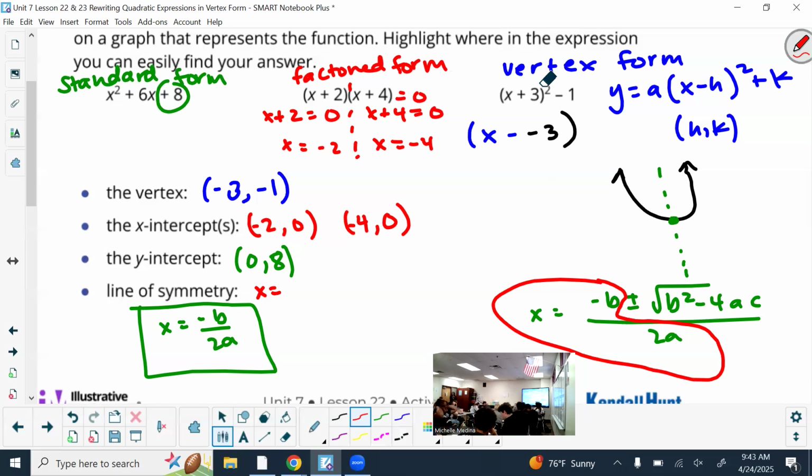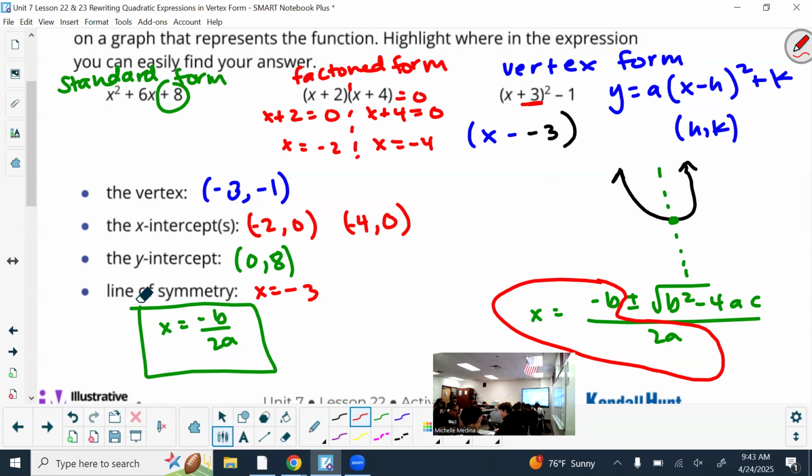If you have the vertex form, you can easily see the line of symmetry because it's always the x of your vertex. Looking here, and also knowing that if it is in the parentheses with the x, it always has the opposite sign of what it actually is, that is our line of symmetry, x equals -3.